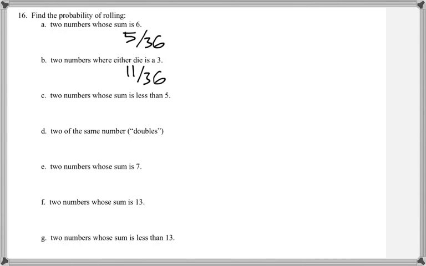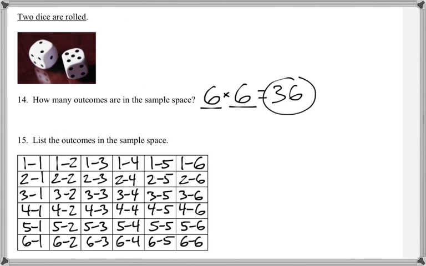Part C says 2 numbers whose sum is less than 5. So 1 and 1, 2 and 1, and 1 and 2. The first box adds up to be 2. The second diagonal adds up to be 3.